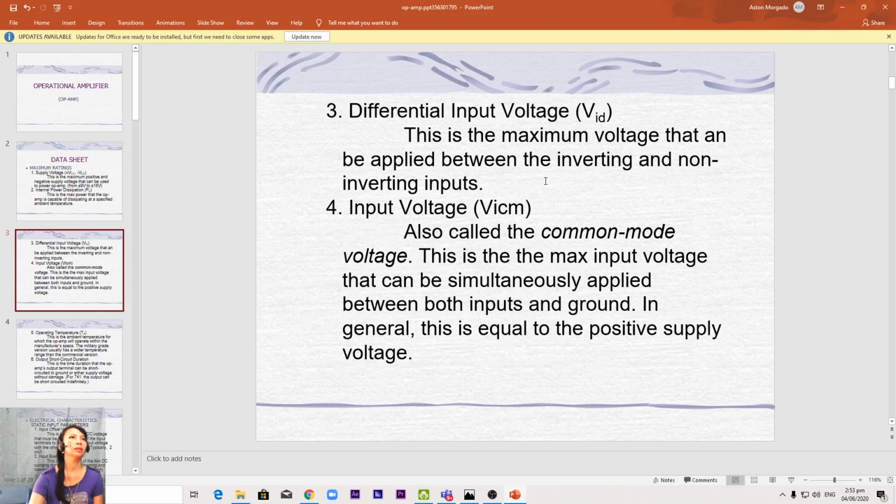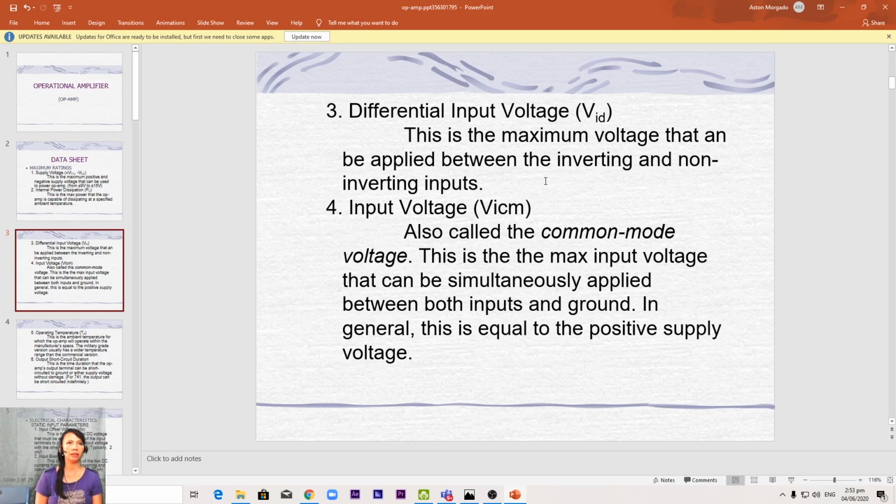Number 3, we have differential input voltage. This is the maximum voltage that can be applied between the inverting and non-inverting inputs. The differential input voltage is actually the desirable voltage. And then we have the input voltage, or VICM, also called the common mode input voltage.